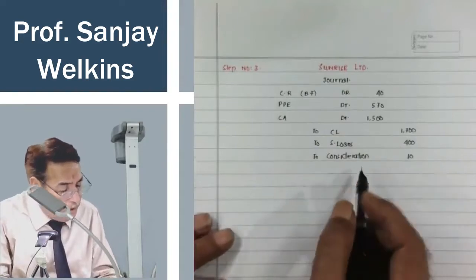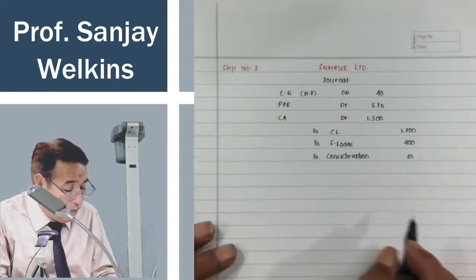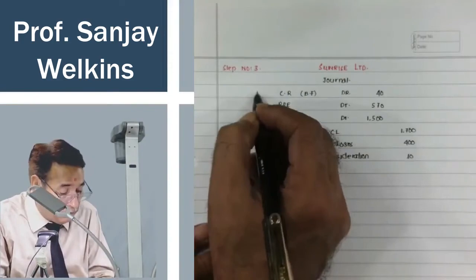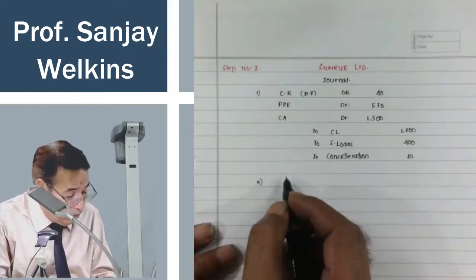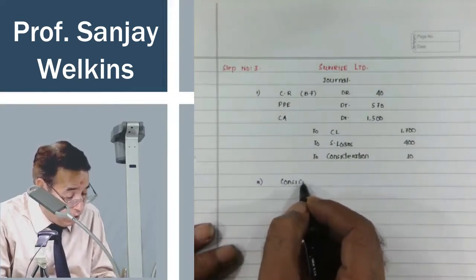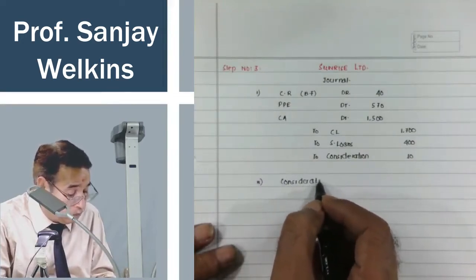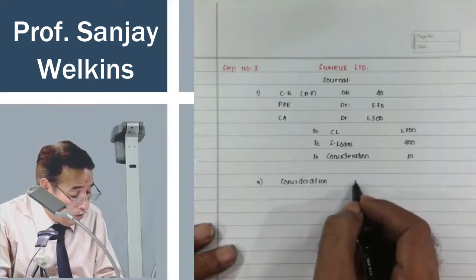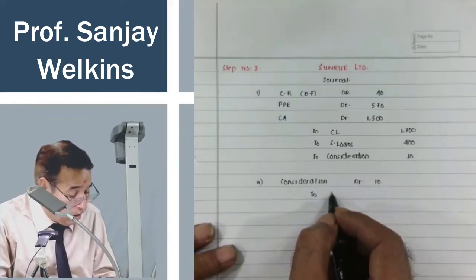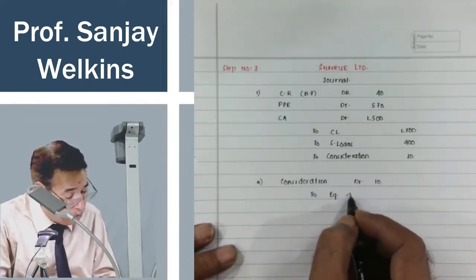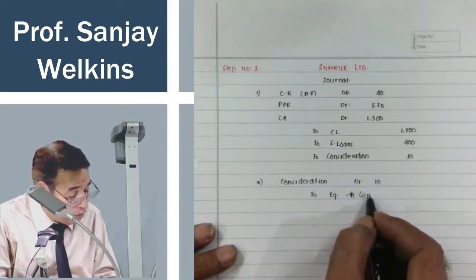Now, we will receive the consideration. But before that, consideration will be paid by Sunrise Limited. Consideration account debit ₹10 crores, and they have paid the consideration in the form of equity share capital, 1 crore equity shares of ₹10 each.